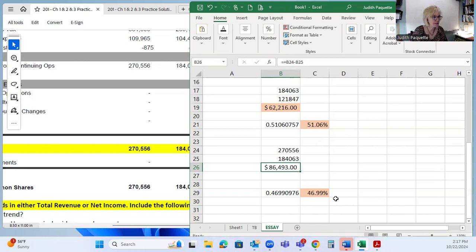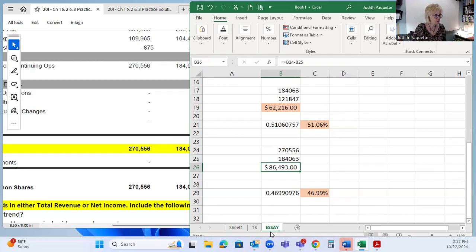Year one, we grew by 51%. Year two, we grew by almost 47%. Is that a favorable, good trend, or is it bad news? I mean, money-wise, it's increasing, but growth rate-wise, it's decreasing. Excellent. So overall, the growth rate is decreasing. However, it's a really big growth rate.